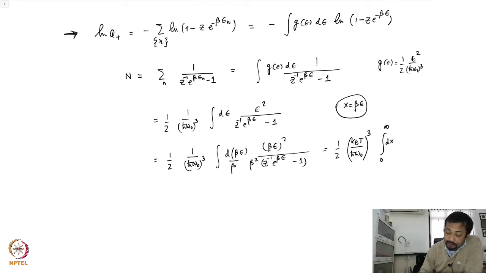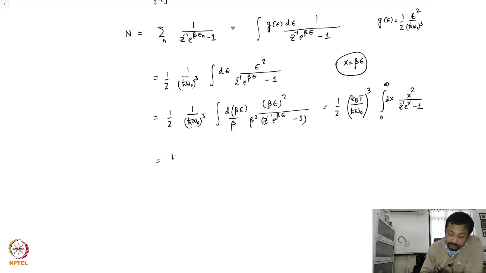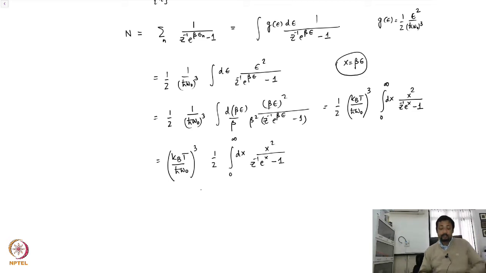Integral 0 to infinity dx x square over z inverse e to the power x minus 1, and this is (kBT over h bar omega naught) whole cube times half of integral 0 to infinity dx x square over z inverse e to the power x minus 1.